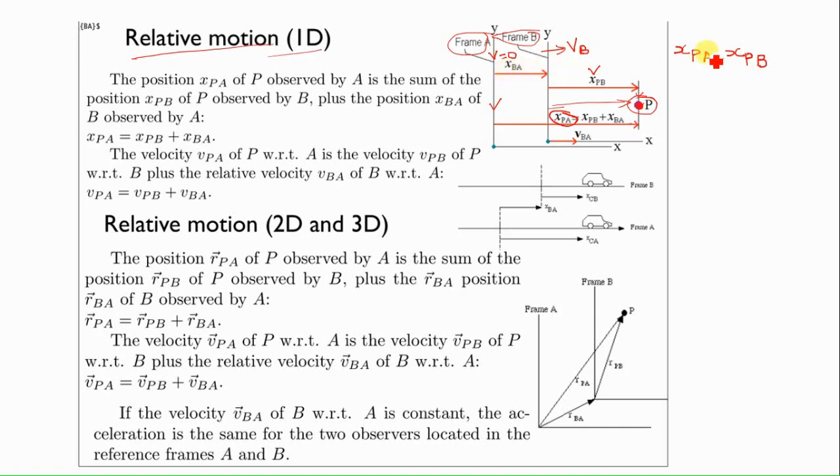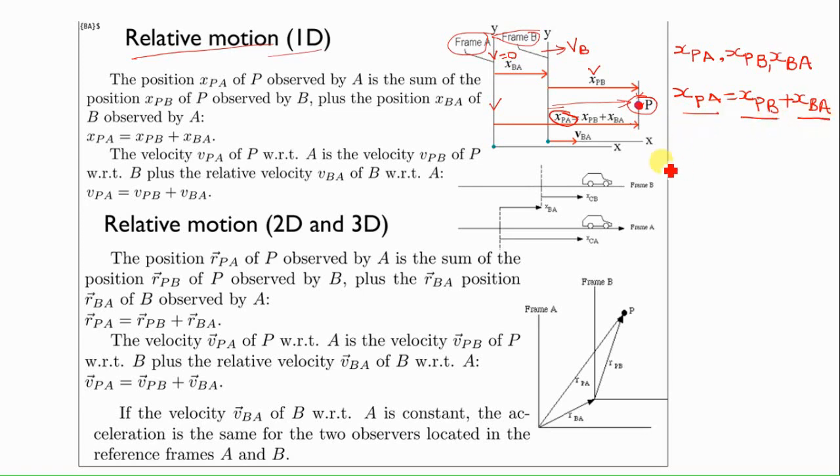This is x_BA, the position vector of B with respect to A. If this frame is moving in the positive x direction, then the position vector of P with respect to A can be written as x_PA equals x_PB plus x_BA. That means the position vector of P with respect to A equals the position vector of P with respect to B plus the position vector of B with respect to A.